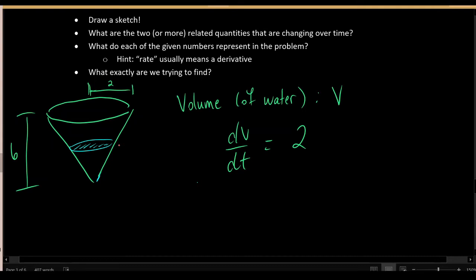This makes sense because as you fill the tank more and more, the height of the water will begin to rise. So the height of the water is another quantity which is changing over time, and I'll just call it h for short.